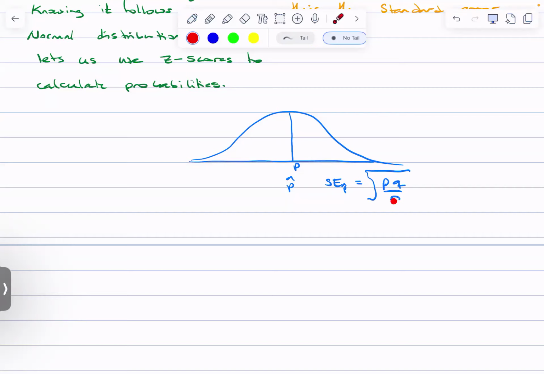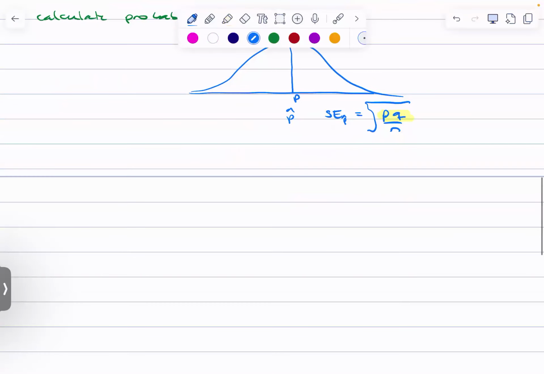We know what n is, that's our sample size. And so here we run into some trouble because we don't know what p and q are.